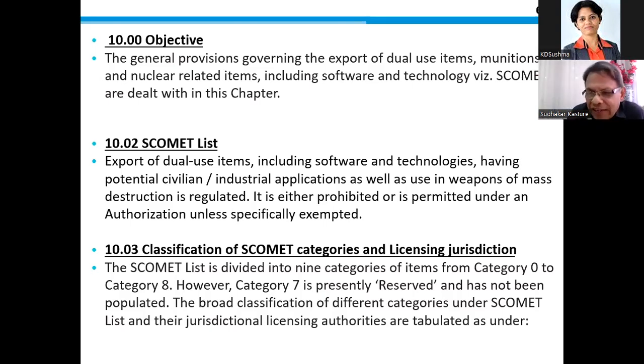So it's a missile, but utilized using drone technology. A drone can also be utilized for delivering certain material to a designated place, which can be for healthcare, for critical industrial use, or for nuclear related items or military related uses. So this is an item of dual use.